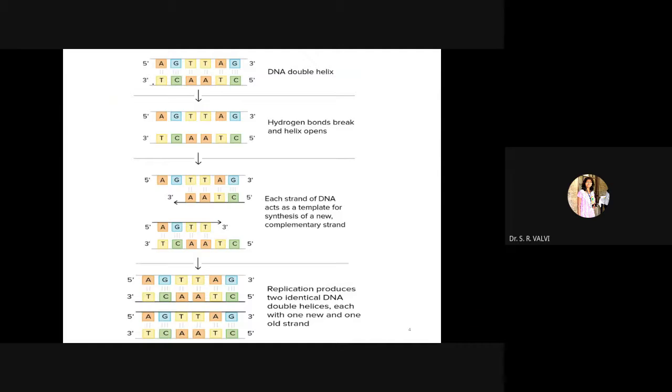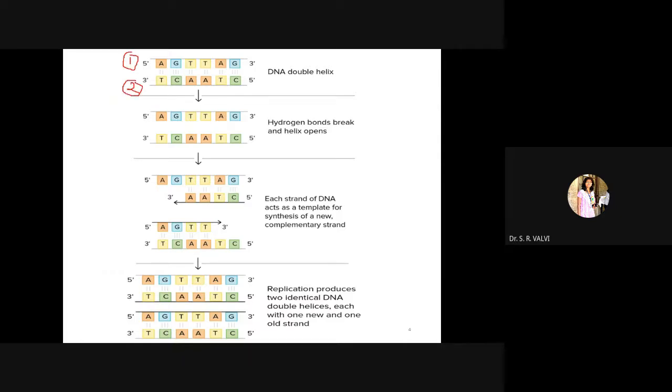Here I have given an image of how DNA replication occurs. You are observing the DNA double strand. For your convenience I have placed only 6 nucleotide base pairs of this DNA. Let me change the color so that you get the idea. Here this is the first strand, this is the second strand.